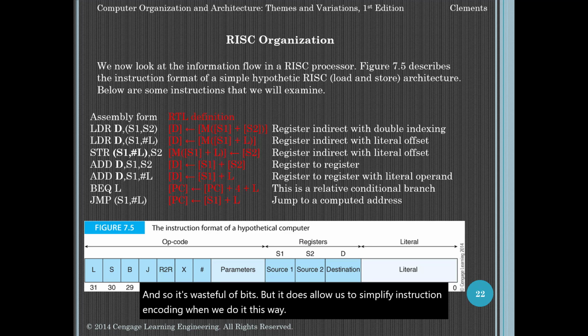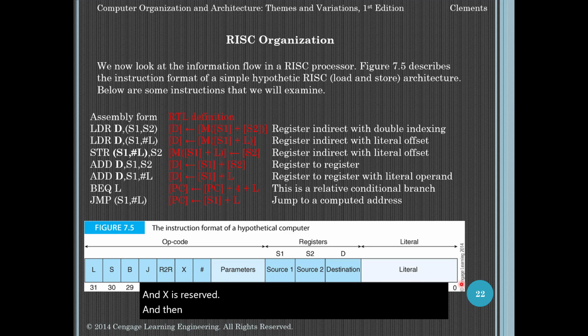And so the instructions that we see in here are put into these opcodes. So we have L for load, S for store, B for branch, J for jump. We have register to register, that's R to R. And X is reserved.